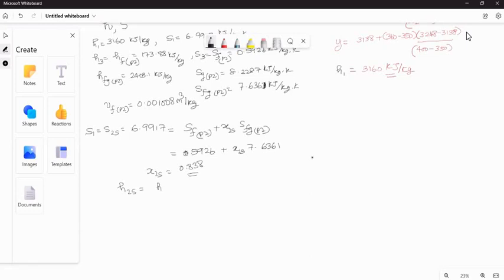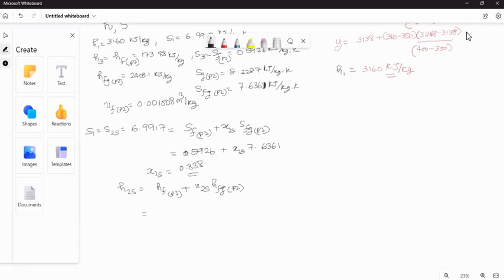So HF at P2 plus X2S into HFG at P2. You have to familiarize yourself with this equation. Now what will happen here?